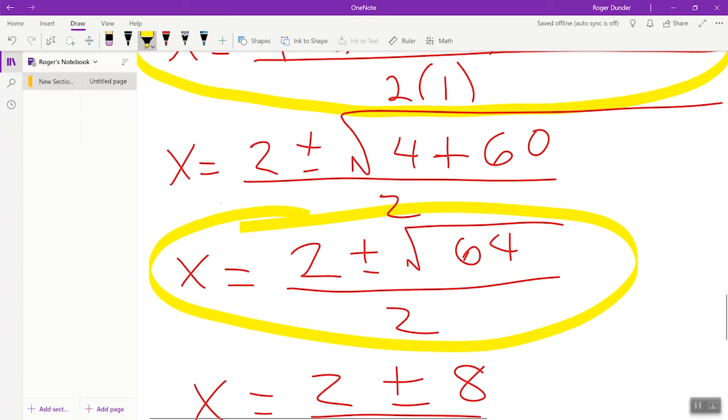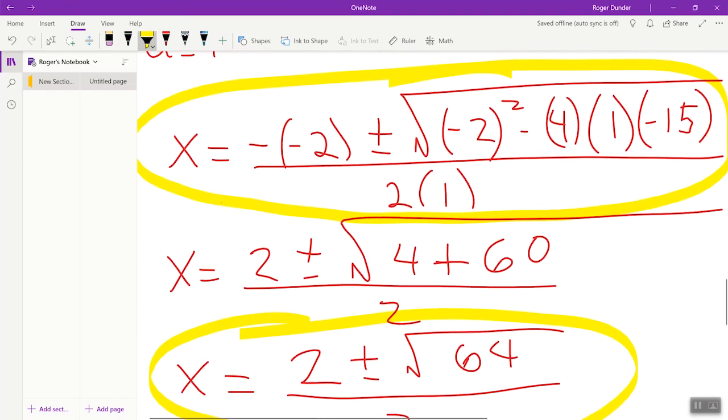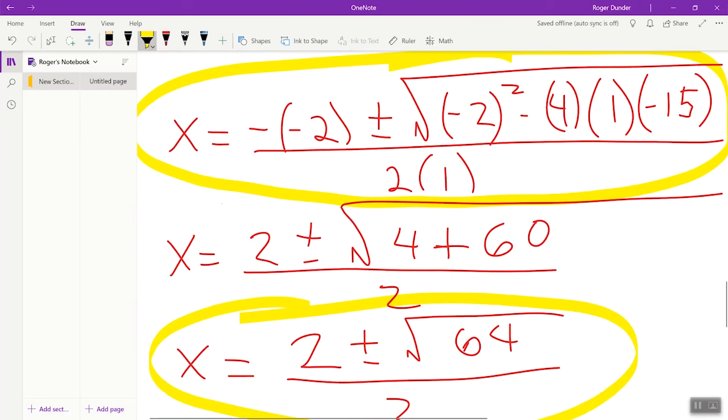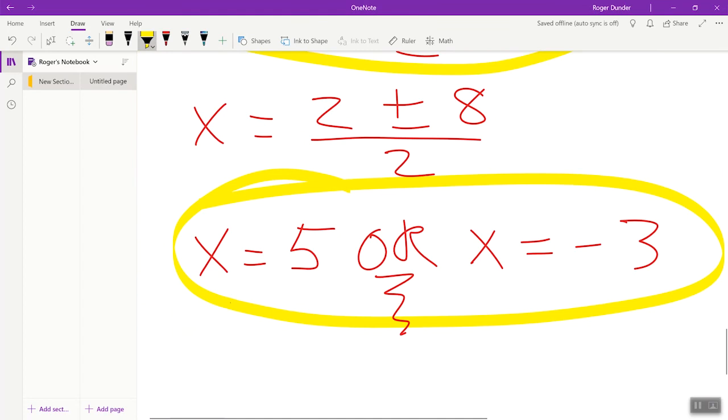So you don't have to show each and everything along the way, but you do need to show the beginning, somewhere in the middle, like this, and then you need to show your solutions. So I need to be able to follow along and say, yeah, they were going in the right direction, or nope, they totally had missed it. So do show your work, okay?